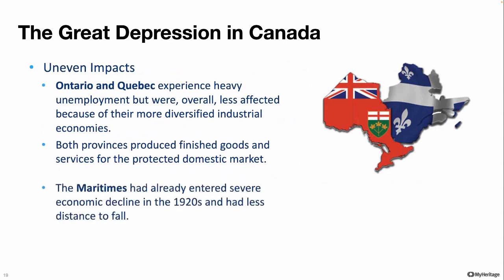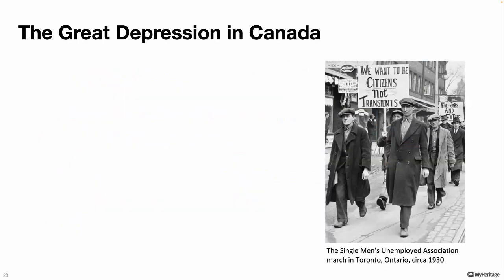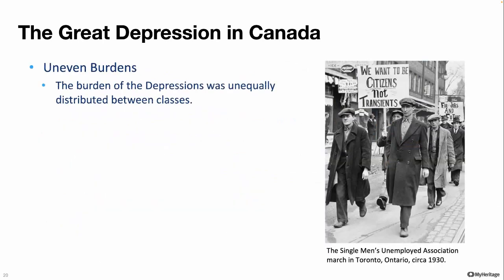And when I wrote this slide, I had a mixed feeling about this. Here's the good news: the Maritimes had already entered into such a bad decade or two of economic decline that they had less distance to fall. That's a really sad statement now that you think about it, that they were already in a slump when the Depression hit.